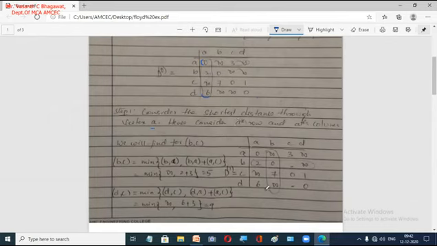Now to get this value, listen carefully. What you have to do first is, whichever row and column you have circled, you have circled the A-th row, what are the values there? 0, infinity, 3 and infinity. Write it as it is here in this matrix. So you write 0, infinity, 3 and infinity.